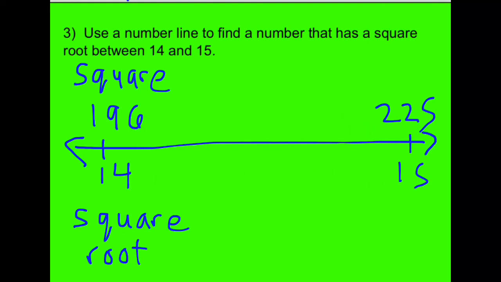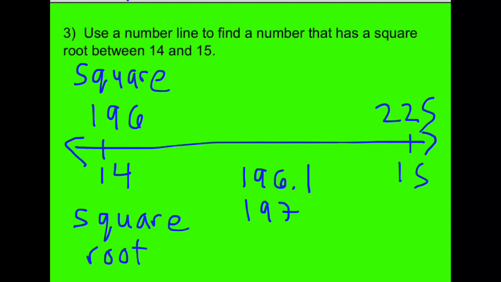And look at this time. The question says, use a number line to find a number that has a square root between 14 and 15. So there's actually an unlimited number of answers here. You could have 196 and 1/10, because this time it doesn't even say a whole number, right? You could have 197.